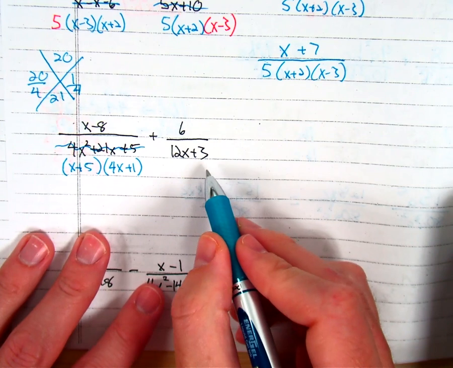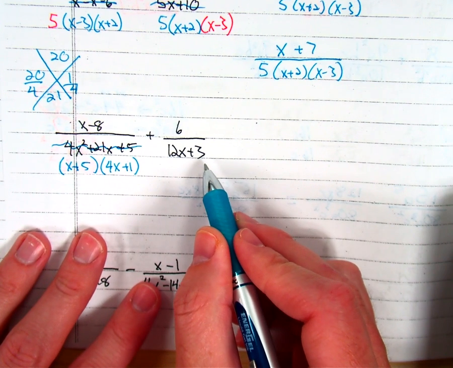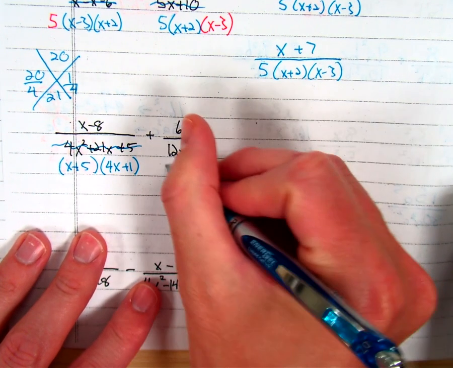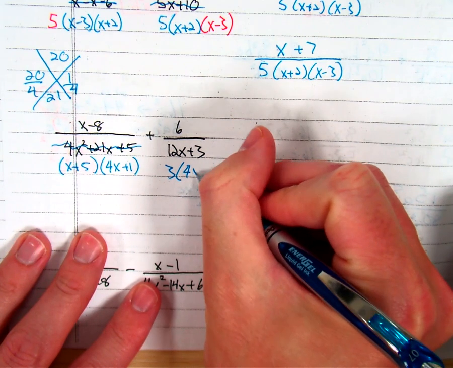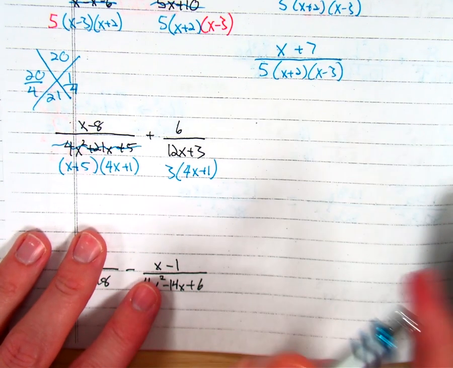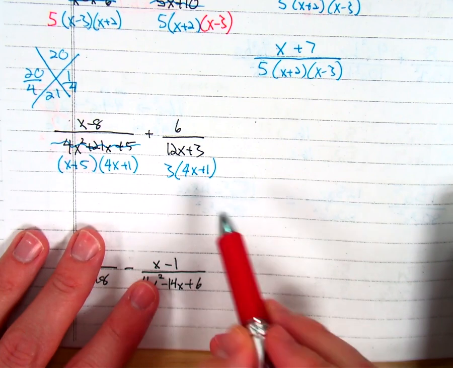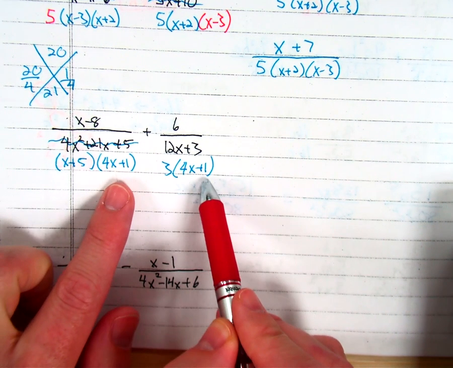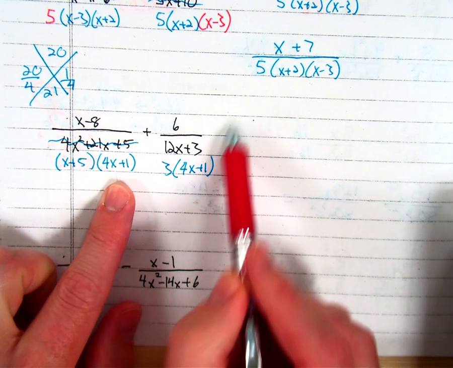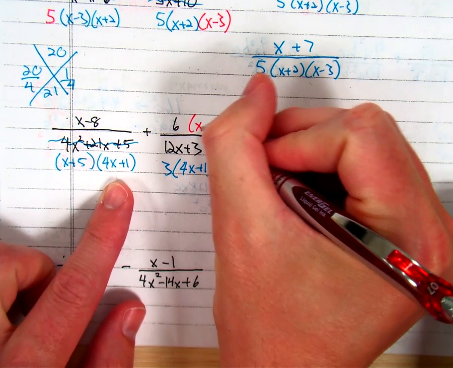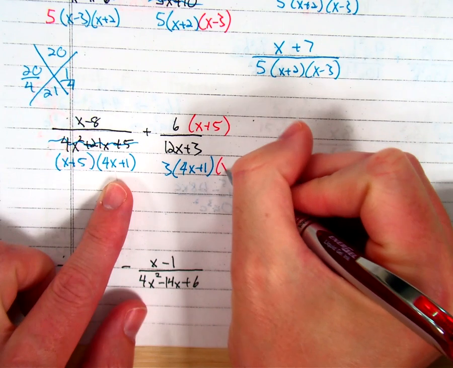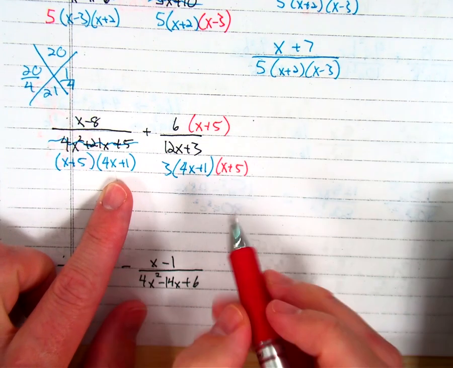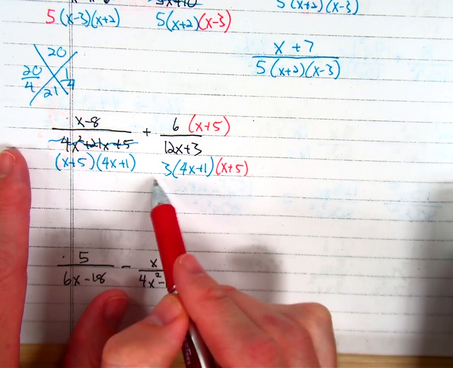Okay, on this side, 12x plus 3, we could pull out a 3, and then we'll have 4x plus 1. Okay, 4x plus 1's match. This side's going to need the x plus 5. And then this one's going to need the 3.